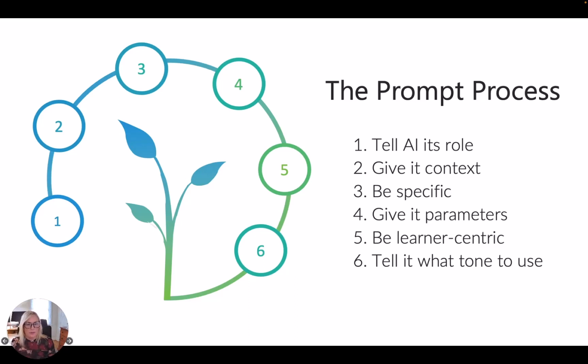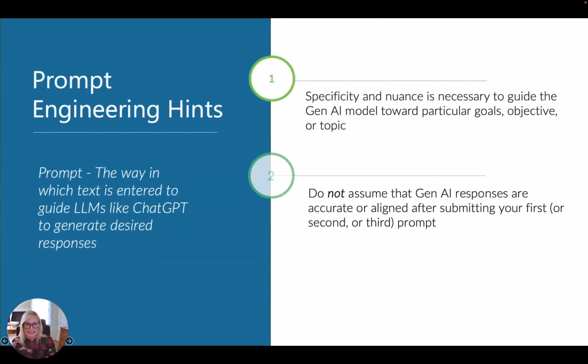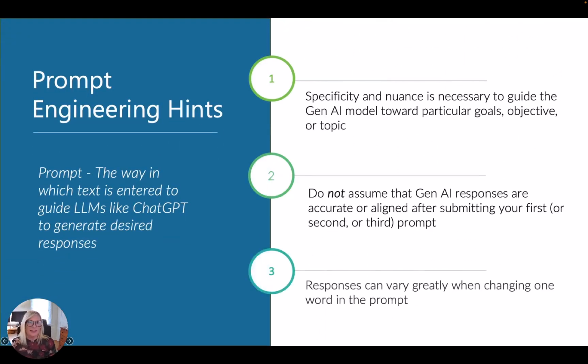So use numbers and specific terminology, give it parameters, be learner centric, and you can even tell it what tone to use, which is pretty cool. So specificity and nuance is necessary. And I'll give you an example of this. Just changing one word can change the generative AI output.